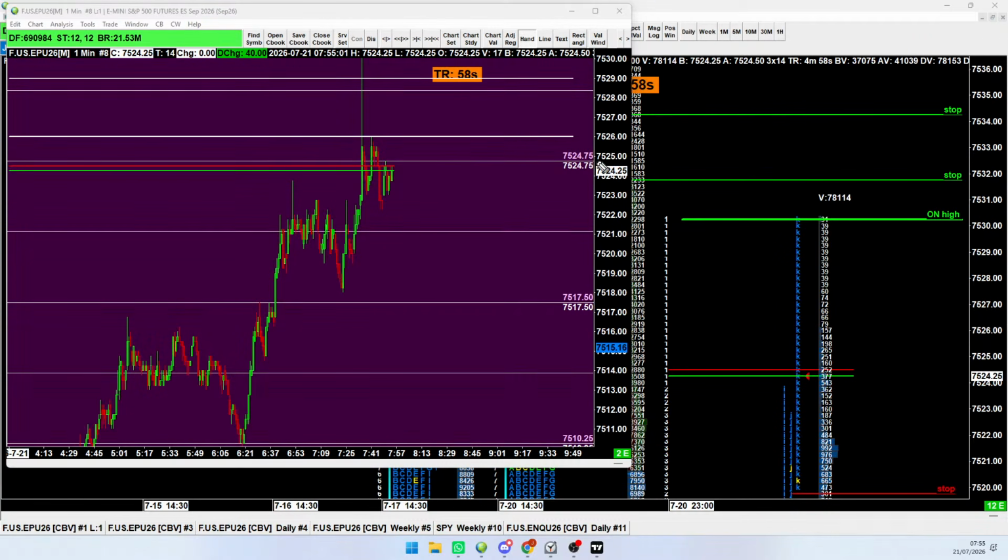I'd use 25 as a warning level, and I'd use 26 as an out. So your hard stop would be here, and this is your danger zone, right? If the market starts offering 25, 25 quarter, 26, be careful, okay?